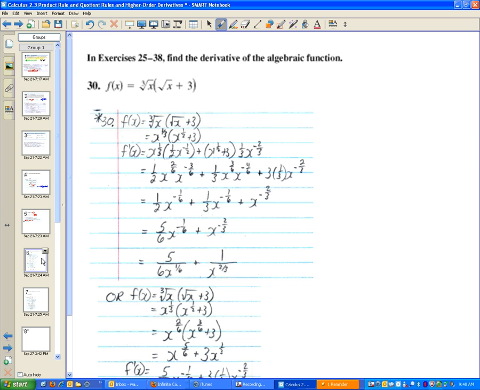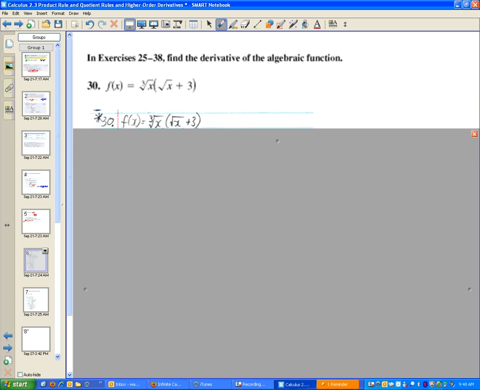Now the directions say to find the derivative of the algebraic function. Our f of x equals the cube root of x times the quantity, the square root of x, plus 3. All right, I'm going to show you two different ways to work this one. Okay?